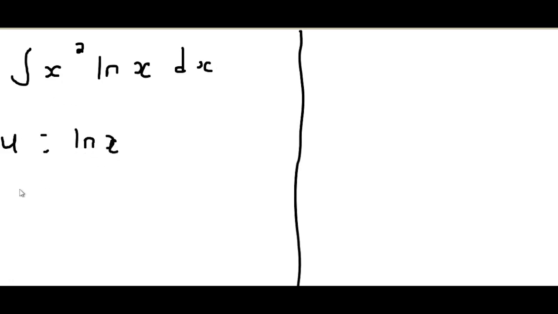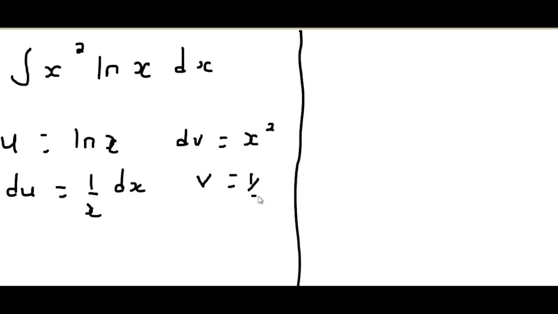So what you have been told: integrate x squared ln x dx. So here our u will be ln x, since ln x is given more priority over the x. So our du will be 1 over x dx, our dv will be x squared, our v will be a third x cubed.